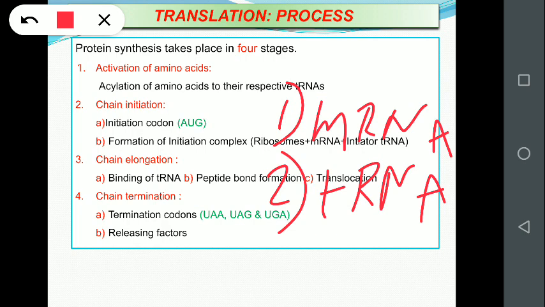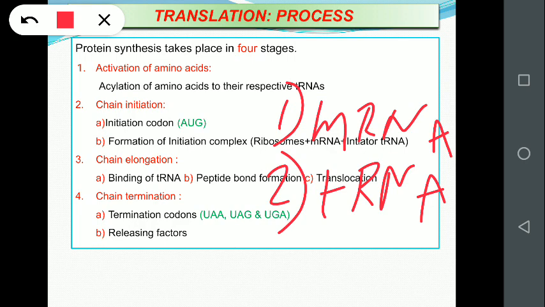So if anything goes wrong, suppose the tRNA is specific for phenylalanine and we add serine on the tRNA instead of phenylalanine, then what happens? The phenylalanine codon now codes for serine instead of phenylalanine.